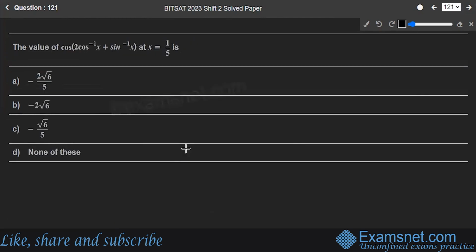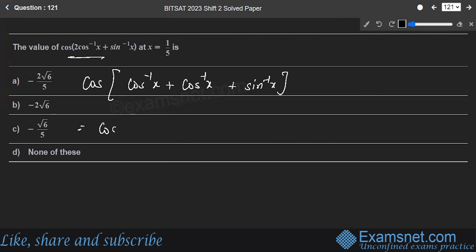Hope you got that. Next is question number 121. The value of cos(2 cos⁻¹x + sin⁻¹x) at x = 1/5. I can write this as cos(cos⁻¹x + cos⁻¹x + sin⁻¹x). This is equal to cos(cos⁻¹x + π/2), because cos⁻¹x + sin⁻¹x gives you π/2.